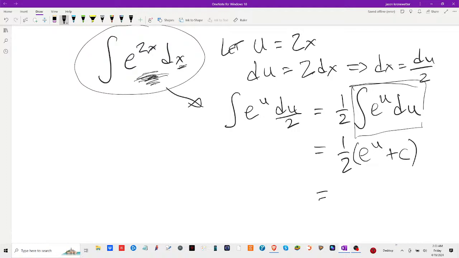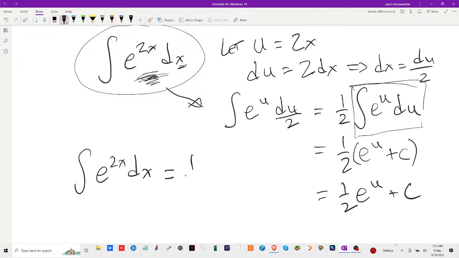And then, we don't really do this step, but just to let you know where it went, I have 1/2 times a constant. Well, that's just another constant, so we'll just call it a constant. So what I've determined is that the antiderivative of e to the 2x is equal to 1/2 e to the 2x plus c. Now let's go check that.